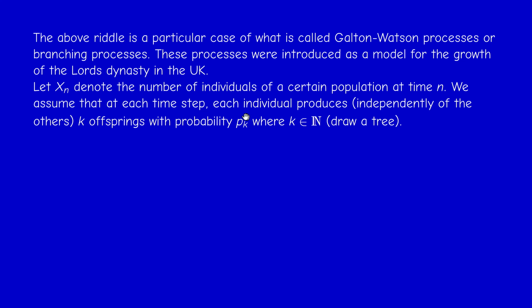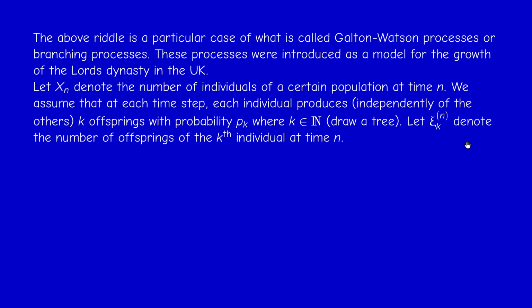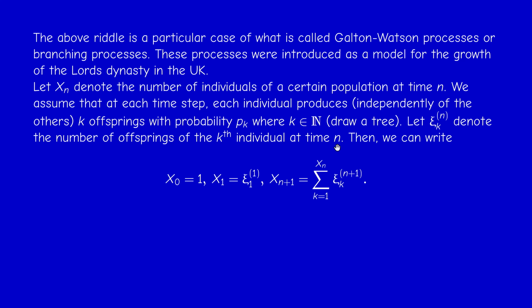We can consider the more general case, so we can have any probability distribution, possibly infinite. So the sum of pk's is 1. So if psi k to the n denotes the number of offsprings of the kth individual at time n, what can we say about xn actually?